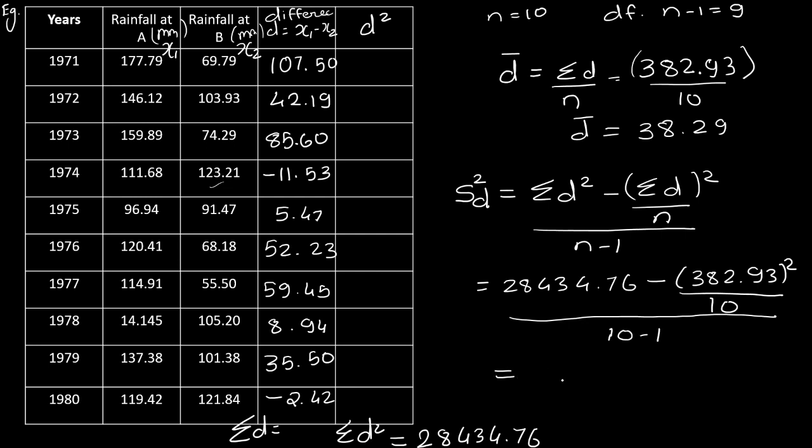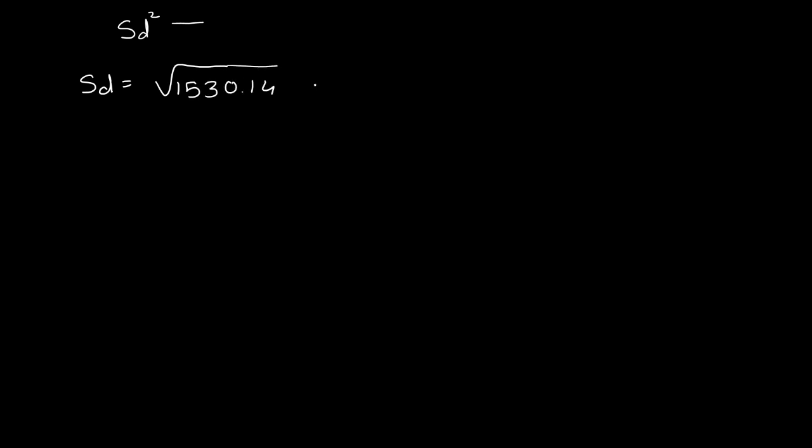So whatever value you get will be your pooled variance in this case. So SD square in this case comes out to be 1530.14. You can verify these things. Now with this value of SD square, my standard deviation will be the root of 1530.14, and this comes out to be 39.12.